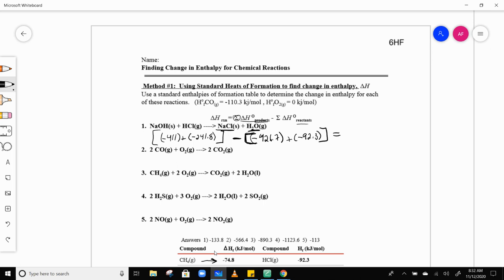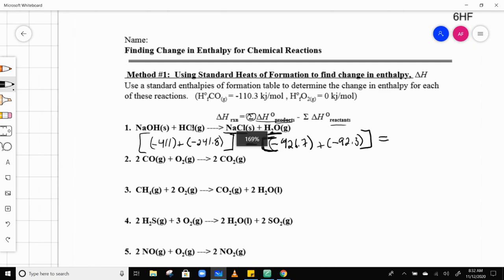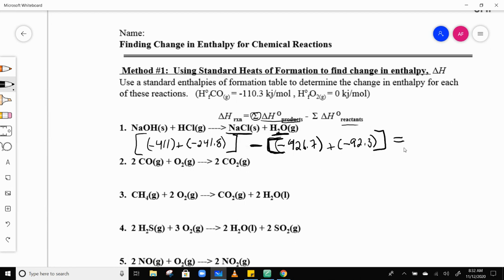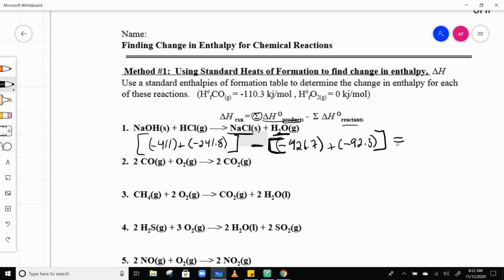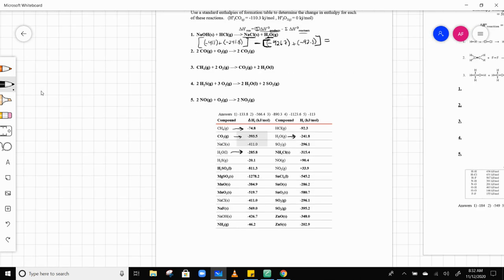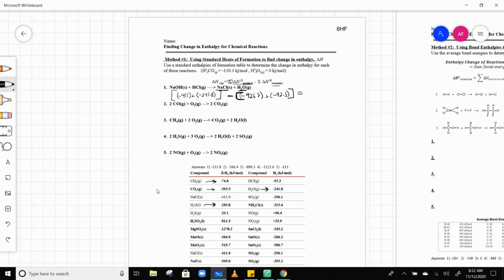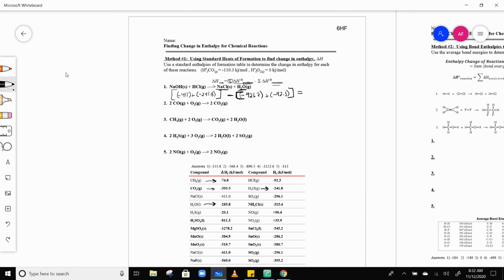That's basically how you set it up. When you do the math, you should get the answer provided at the bottom here: negative 133.8.